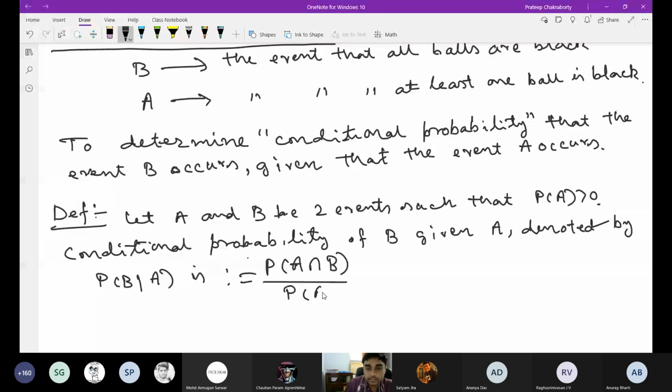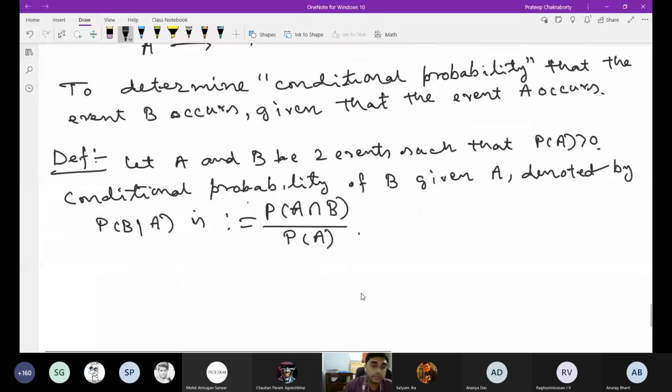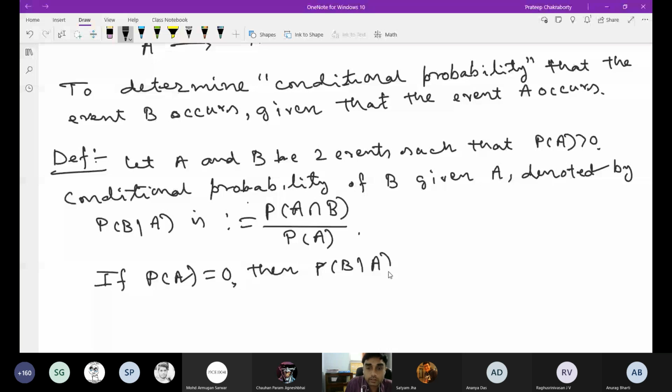So A event is given, then what is the probability that B event will occur? If P(A) is 0, then P(B|A) is not defined.